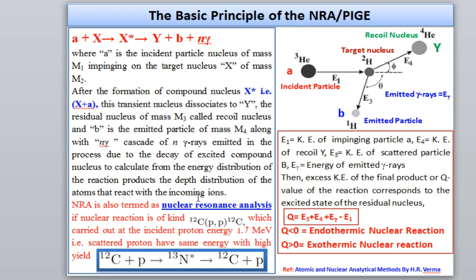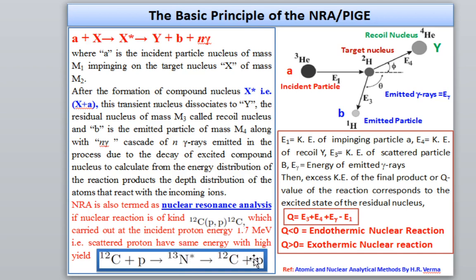So as I have shown here, if a proton is falling on carbon and after the nuclear reaction a proton is again the emitted particle, and again the residual nucleus is carbon. This reaction happens due to a proton of 1.7 MeV. It follows this reaction: proton is falling on carbon, an excited nucleus of nitrogen-13 forms, and then again carbon and proton come out.